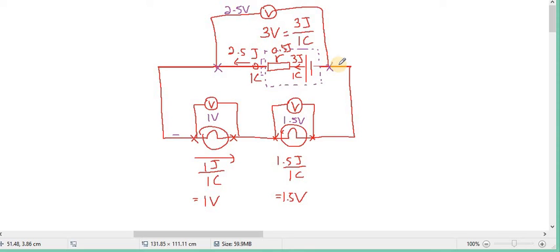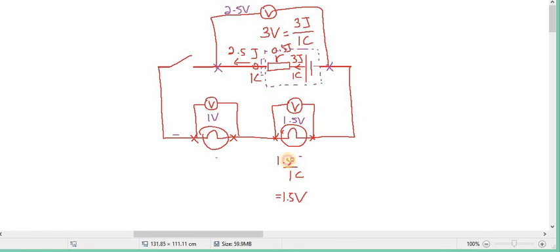However, if I disconnect, listen here, what will happen? If I disconnect, that means here still got current or not? No more already, right? No more current.